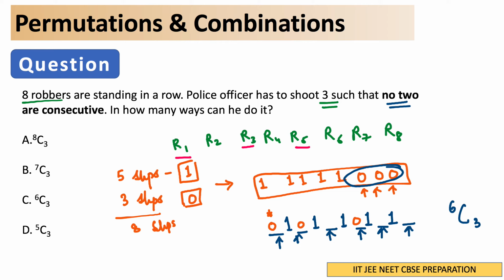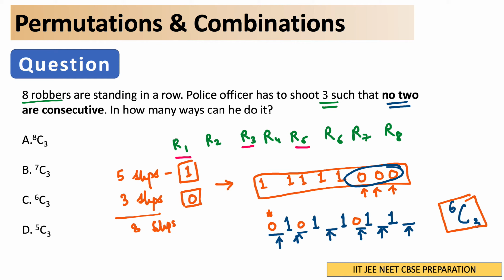If they were different numbers like 8, 9 or 10, then they could have been arranged. But this is a binary equivalent, we only have 2 numbers, 1 and 0. So we don't need to arrange the zeros, because arranging the zeros will give you 0, 0, 0 only, wherever you place them. So basically, the answer is 6C3 only.